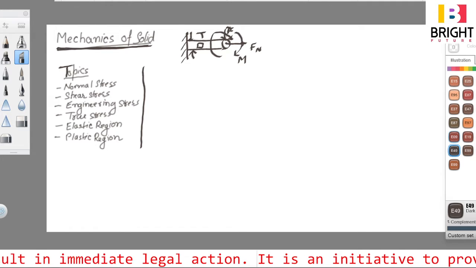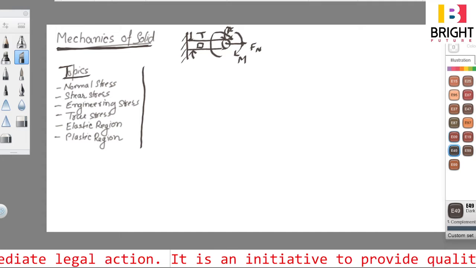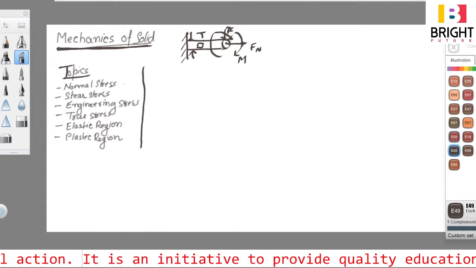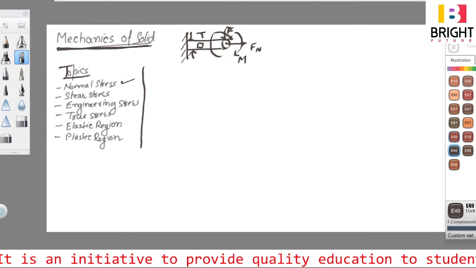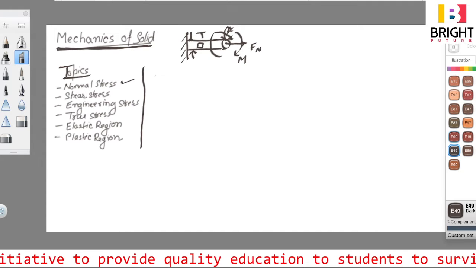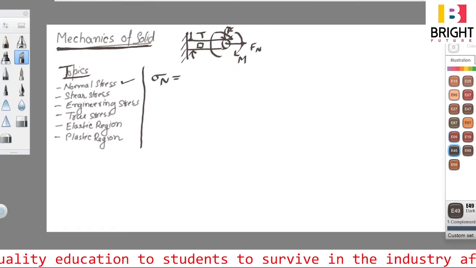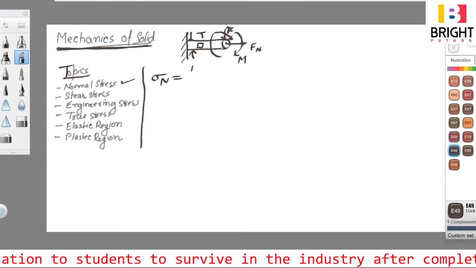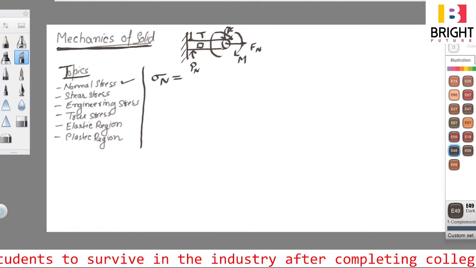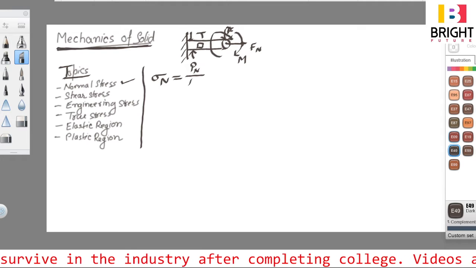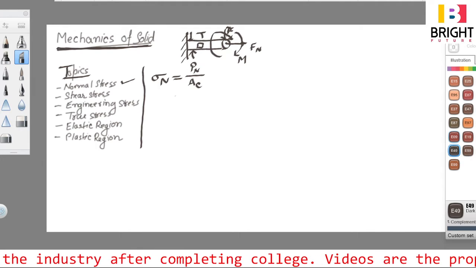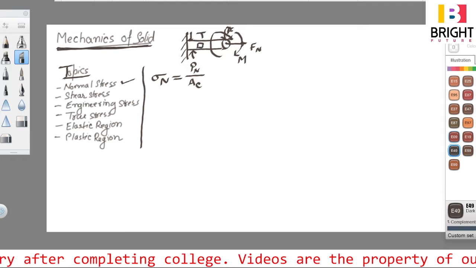So the first point we want to cover is normal stress. What is normal stress? Normal stress is represented as sigma n, and normal stress is equal to normal load per unit cross-sectional area. This is known as normal stress.